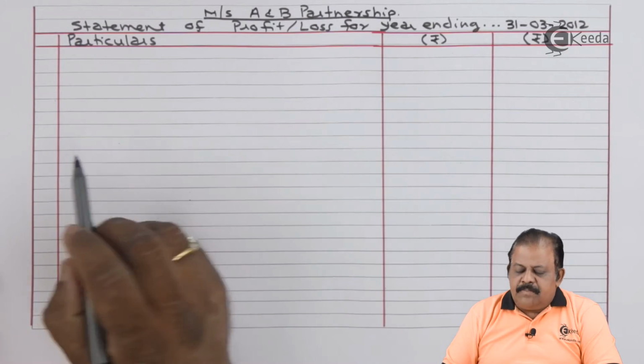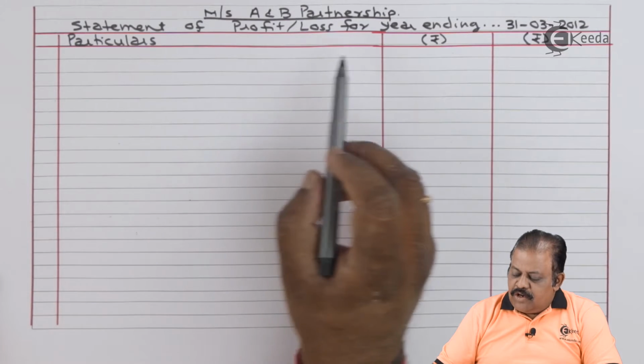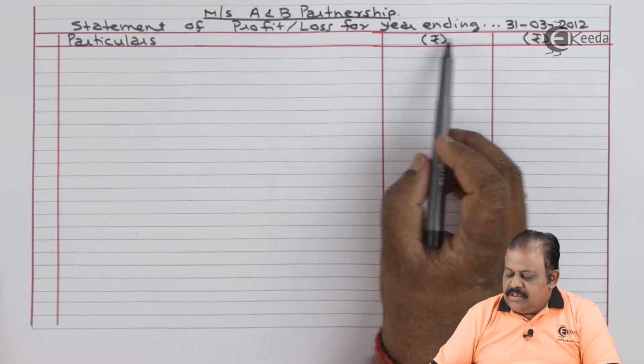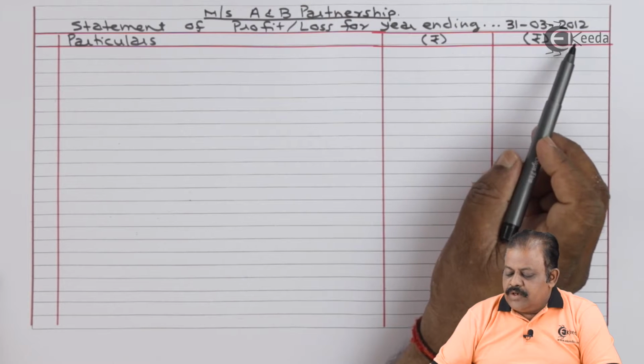Messrs. AB Partnership, statement of profit or loss for the year ending 31st March 2012.